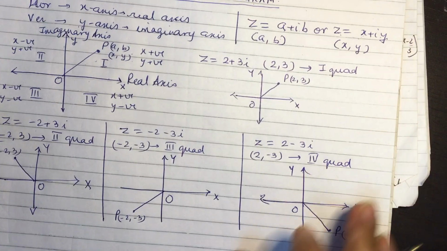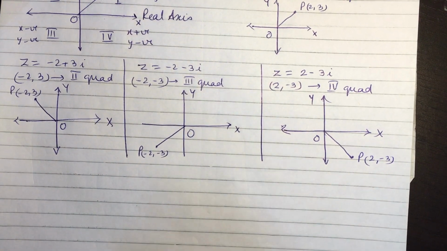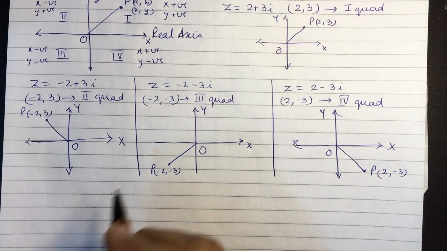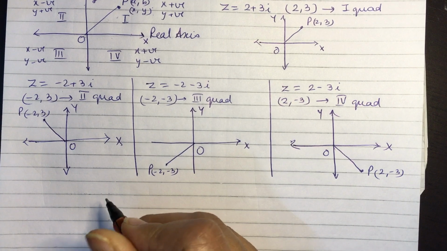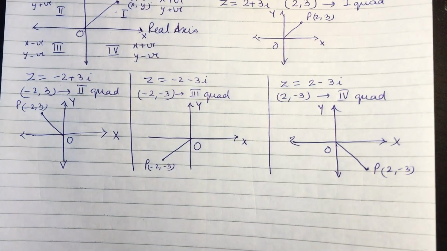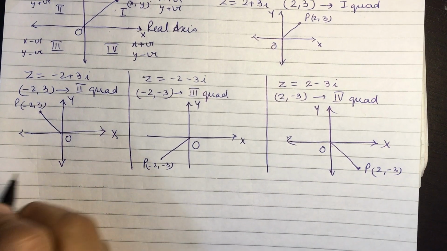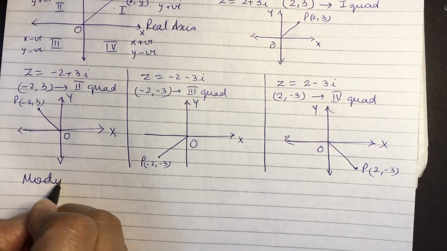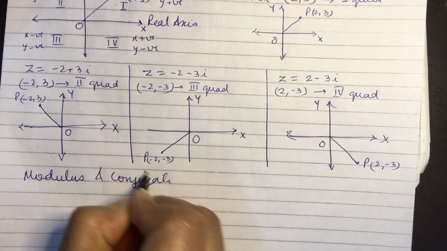Now, let us proceed slightly more and see what is the modulus. In the previous topic, before the first exercise, we had discussed something called modulus and conjugate of a complex number. So let us write modulus and conjugate of a complex number.